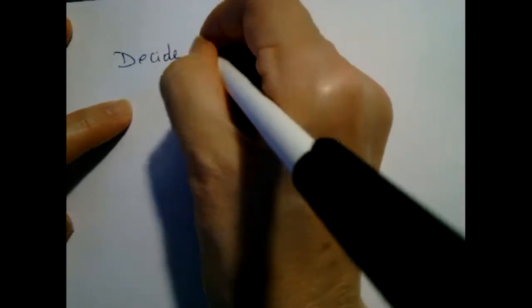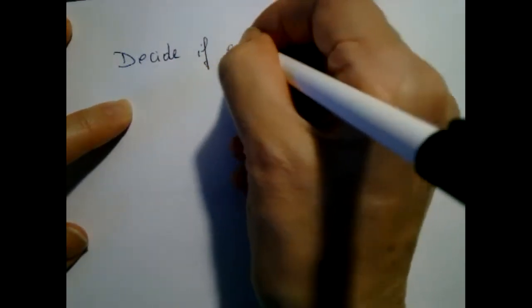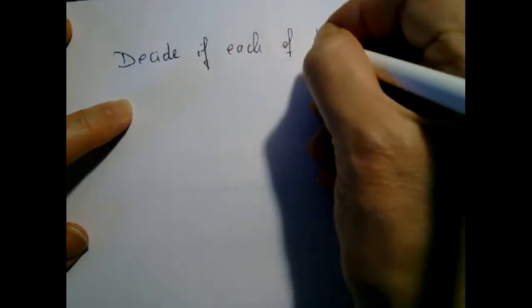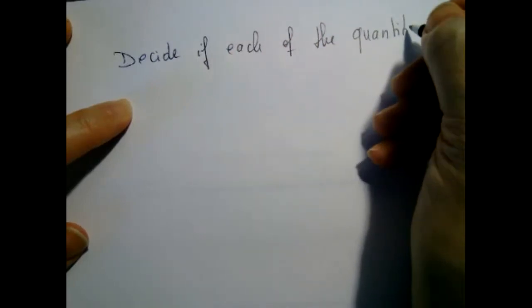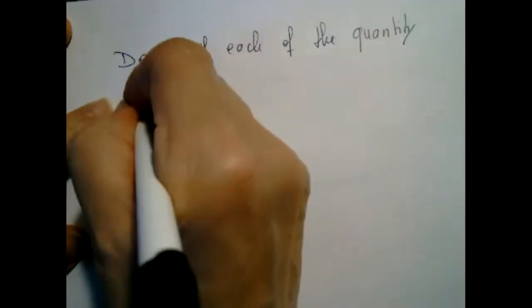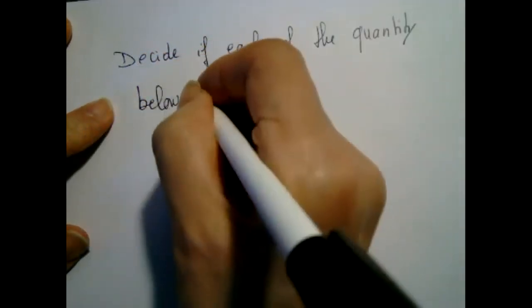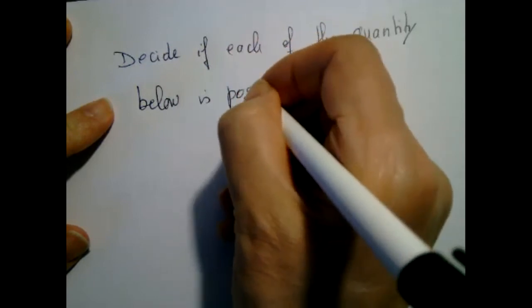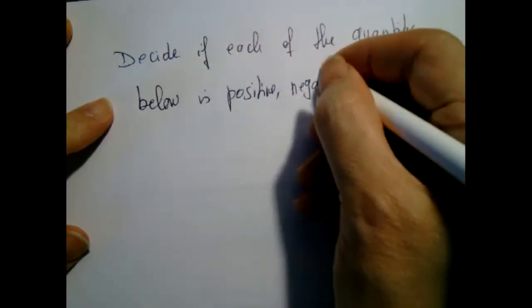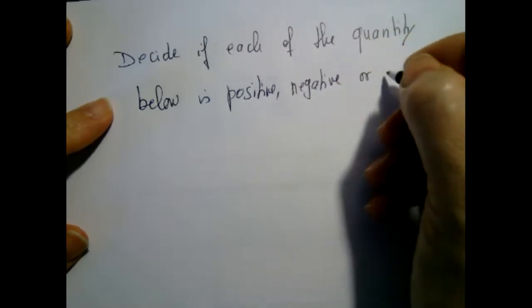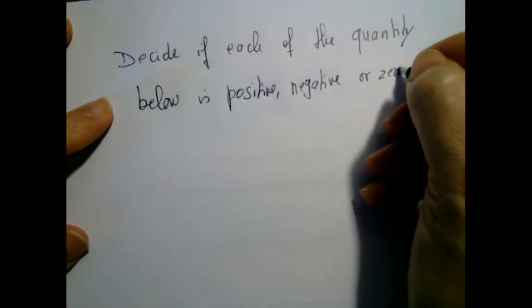So my question is, decide if each of the quantities below is positive, negative, or zero, to cover all the bases.